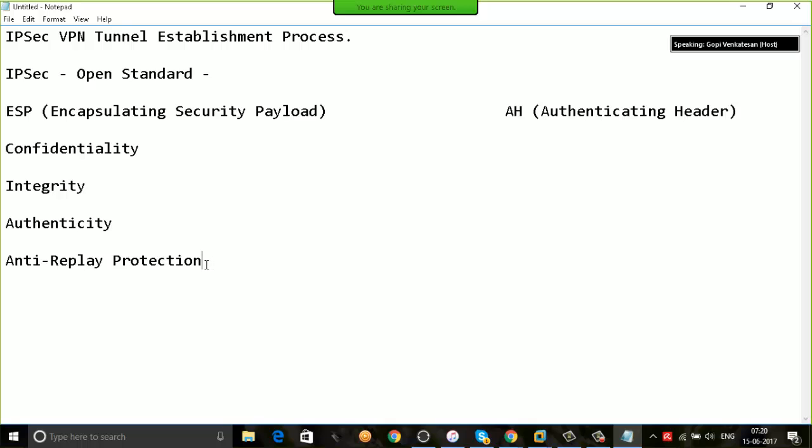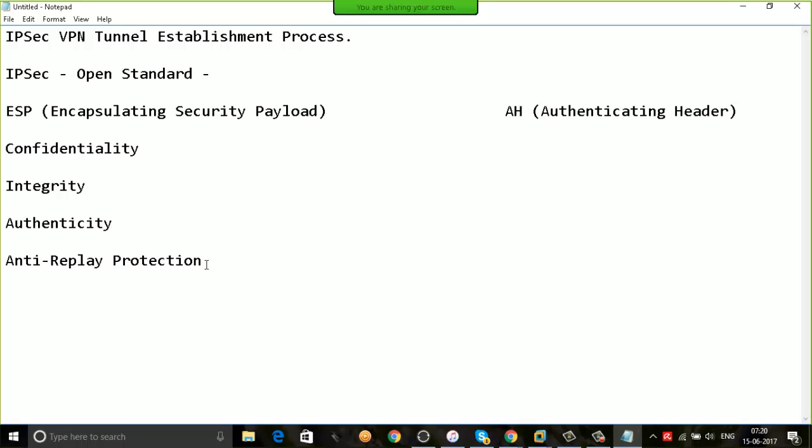What is anti-replay protection? There is a possibility that the packet could be captured by a third-party attacker. He could replay that packet later on. In that case, the confidentiality parameters, integrity parameters, and authenticity parameters will all be matching on the packet received on the tunnel, so it will start processing it. If that packet is processed by the VPN peer, the attacker could generate a larger volume of the same packet and send it to the VPN tunnel just to consume the resources available on the VPN peer.